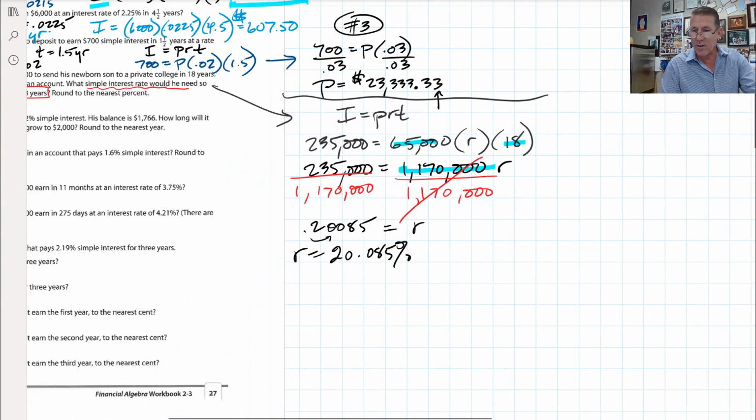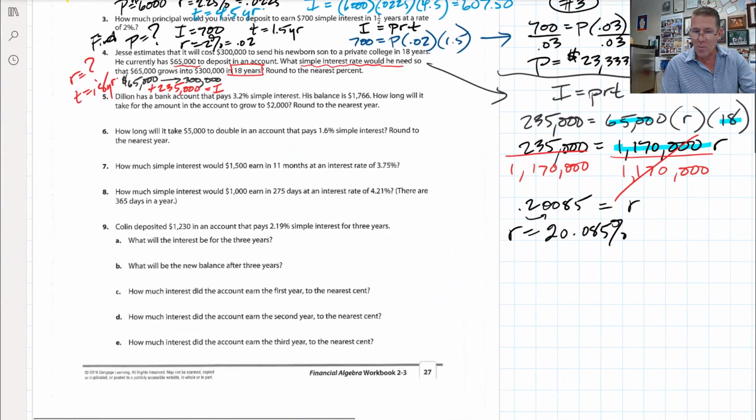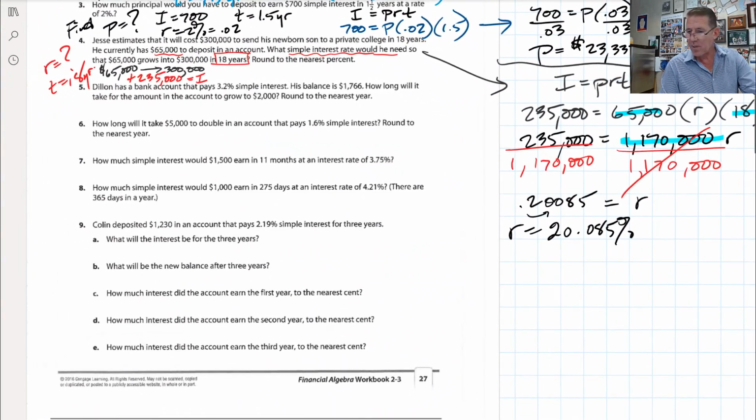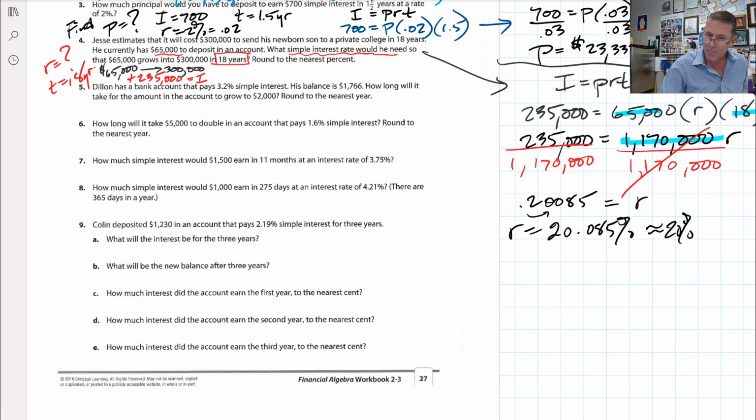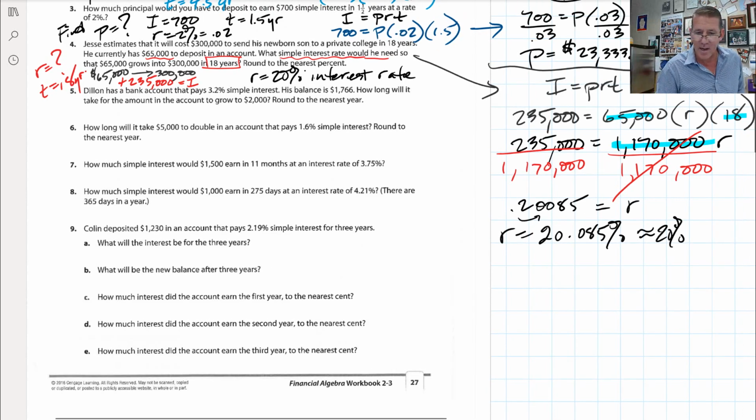Wow. And by the way, that's kind of unheard of. There's no bank on the planet that will give that kind of interest rate. So this is close to 20%. So in this example here, R would have to be around a 20% interest rate, which is quite remarkable and unbelievable. You just will not see that anywhere.